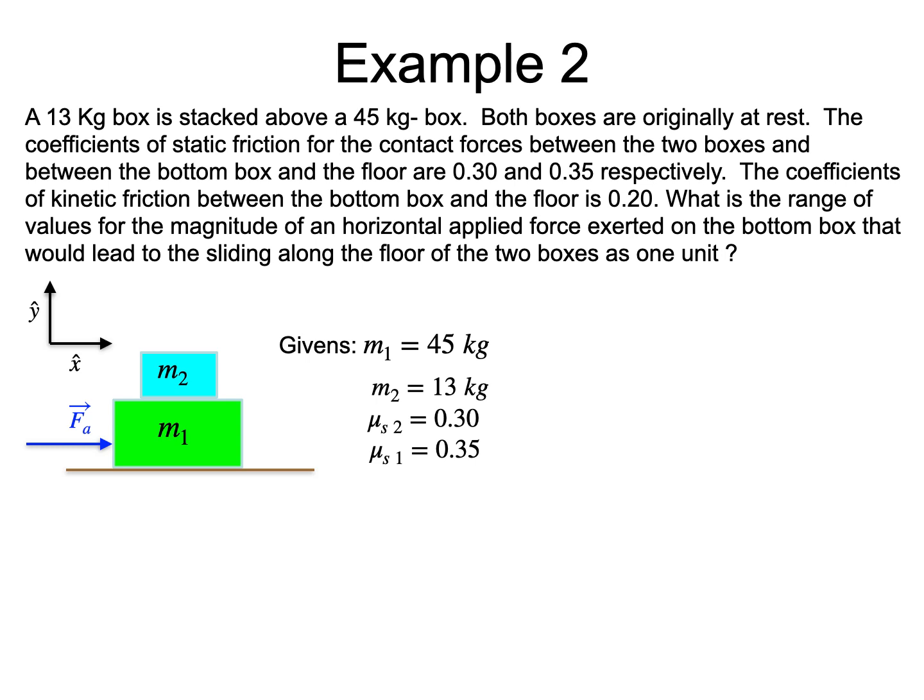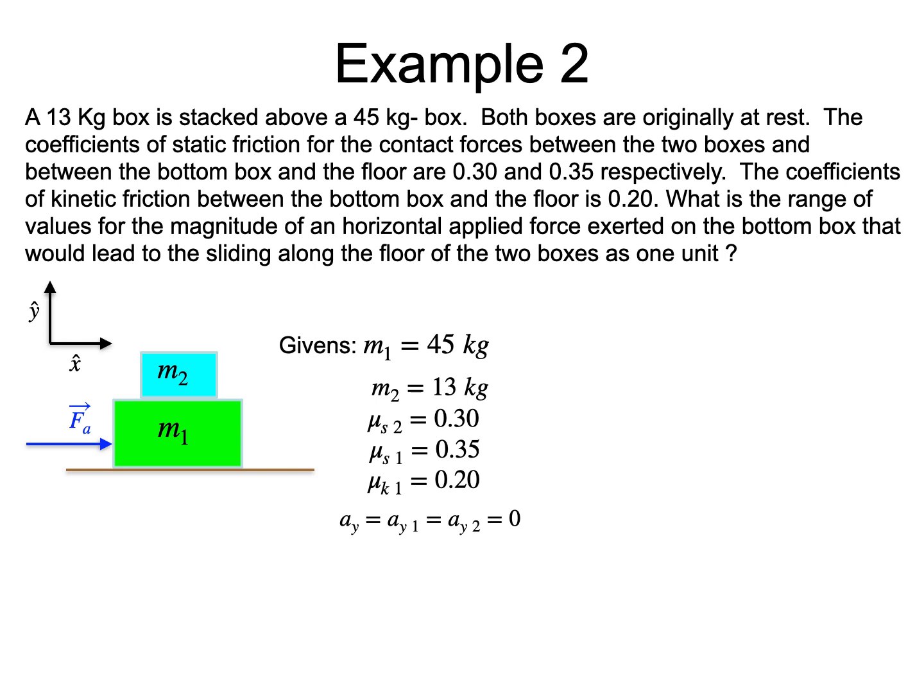The material of the box 2 is not the same as the material of the floor, resulting in two different coefficients of static friction. We also have the coefficient of kinetic friction for the contact force between the bottom box and the floor. The motion is strictly horizontal, so the vertical components of the accelerations are all zero.